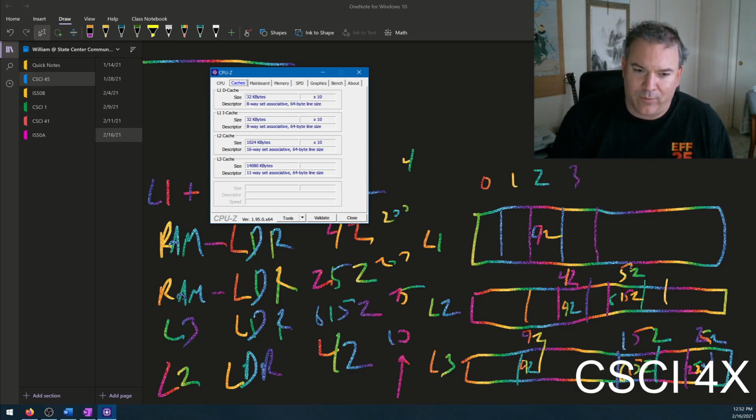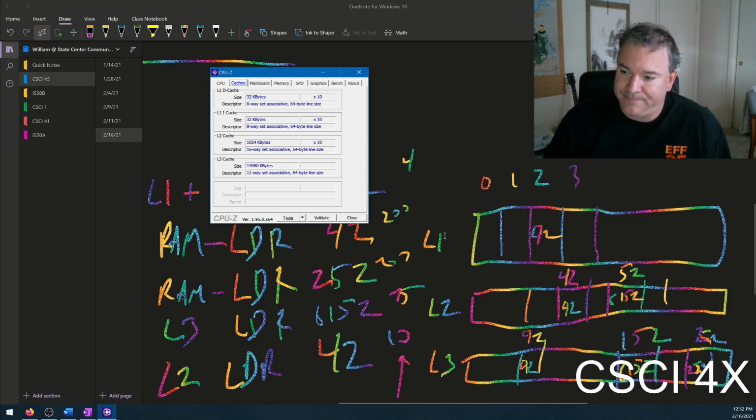We haven't really had a lecture on RISC versus CISC and that kind of stuff yet. But it's ridiculous how much thought they've put into this. They're trying to squeeze every last ounce of performance out, and you can see the difference between 4 cycles of delay and 200 cycles of delay is noticeable, right?